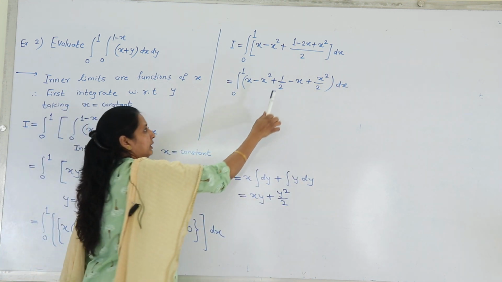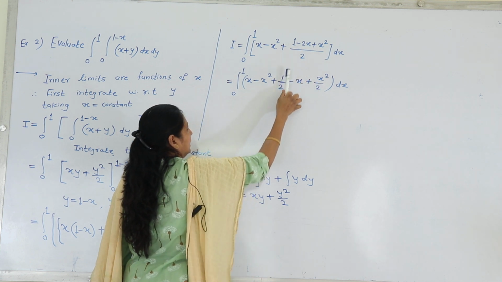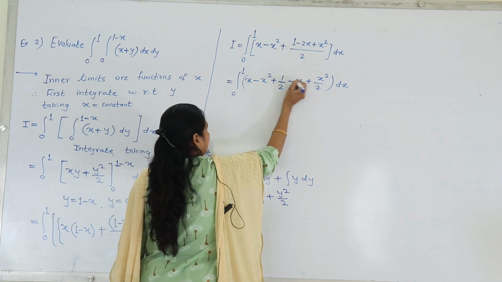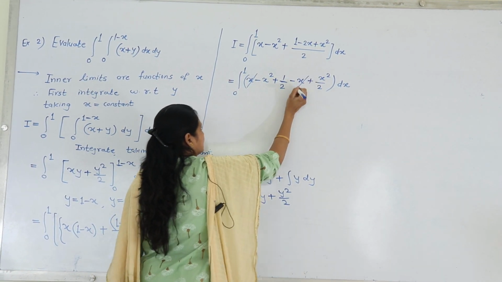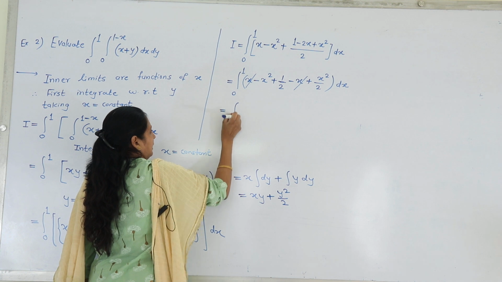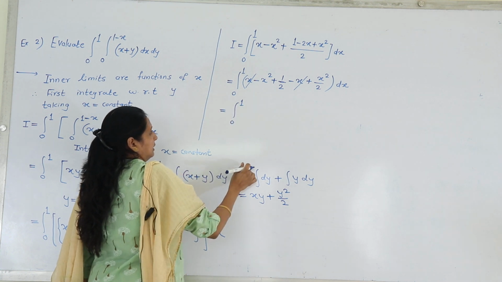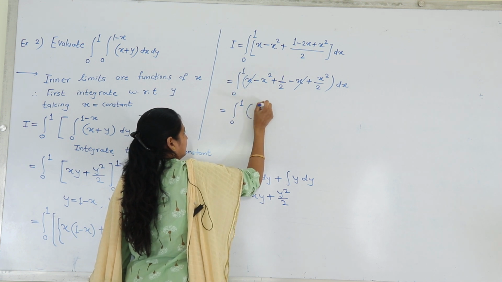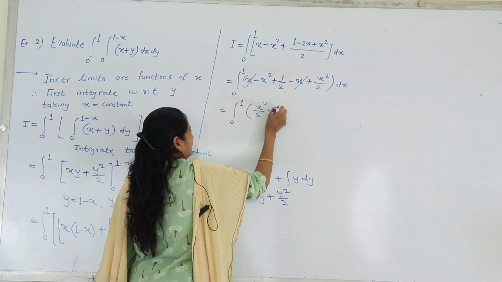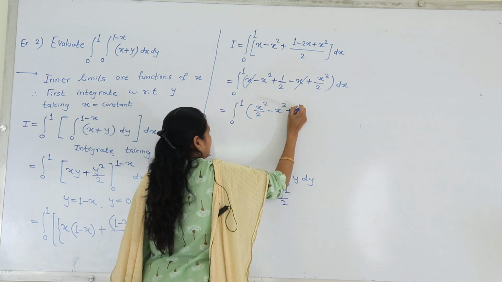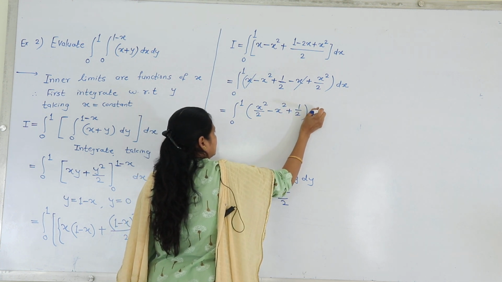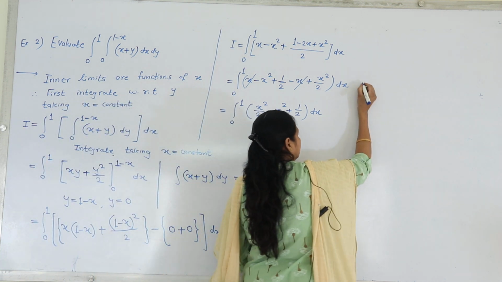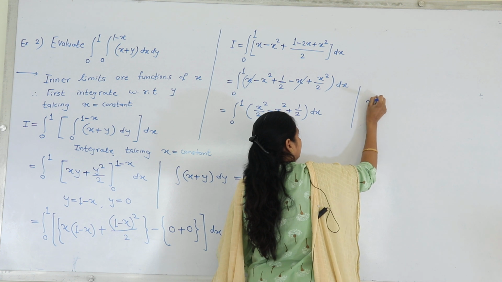Means 2 is divided for each term. 1/2 minus 2x upon 2, that is 2 cancel, that is minus x, and x square by 2. This is plus x and minus x is cancel. Then 0 to 1. Remaining terms, x square by 2 minus x square and plus half dx. X square by 2 minus x square means addition of these same type terms.